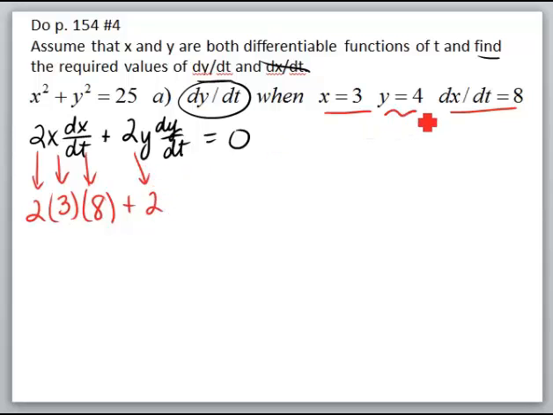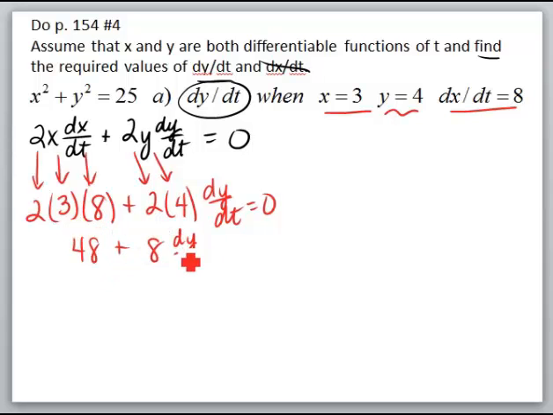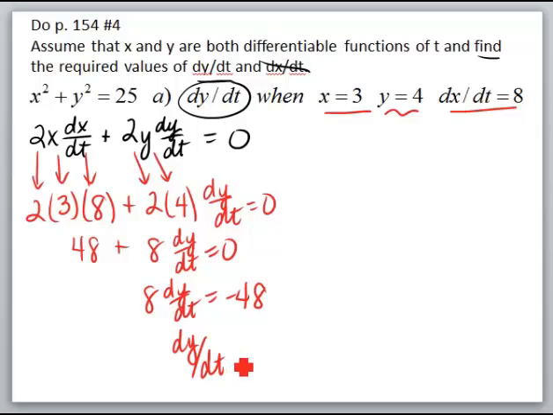I know that I'm supposed to use 4 for y. And I'm solving for dy over dt, so that's my variable. Multiply these together, I get 48 plus 8 dy over dt. That gives me 8 dy over dt equals -48. Divide by 8 on both sides, and I get -6 as my answer. There are no units on this, so we're finished.